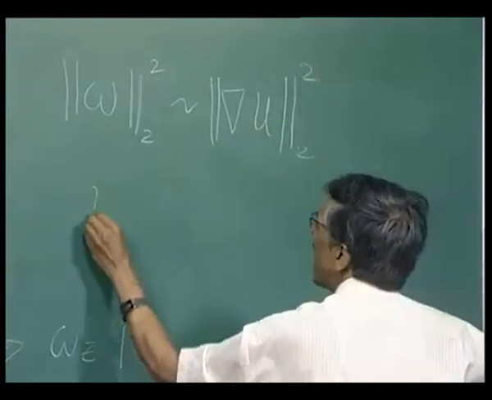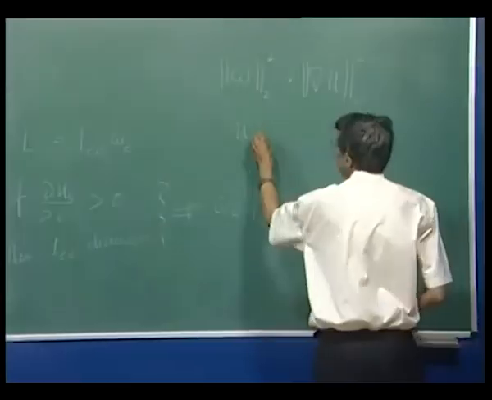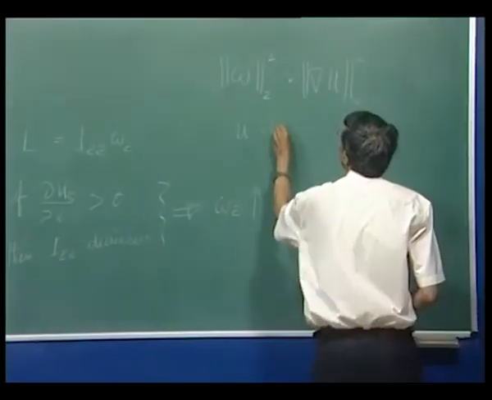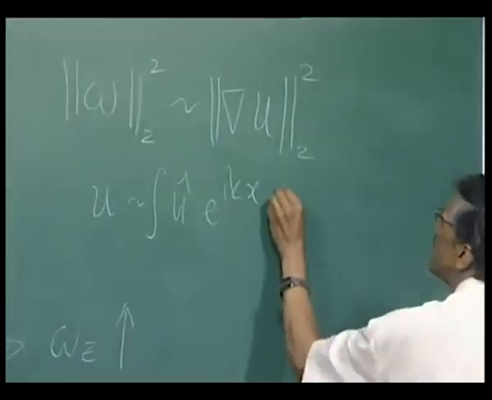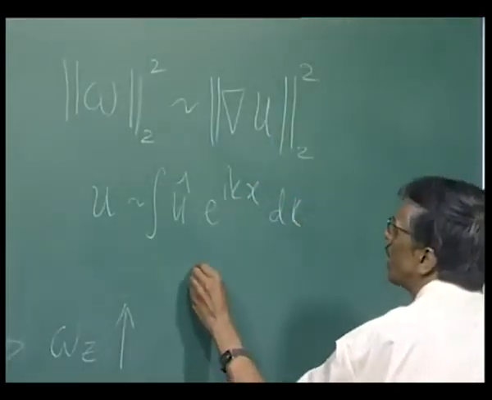If I write u in terms of u hat e to the power i k x d k, then what happens to grad u?